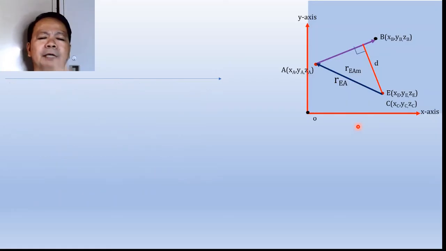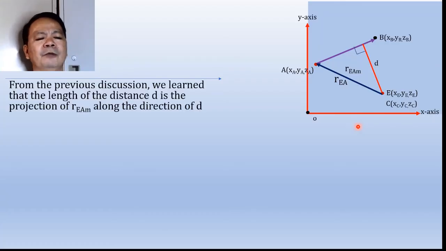Now, let us try to recall the concept that we studied last time. From the previous discussion, we learned that the length of the distance D is the projection of the magnitude of R_EA along the direction of this n_D.